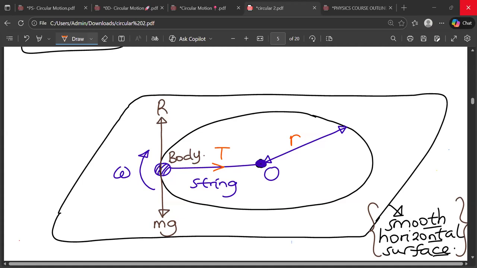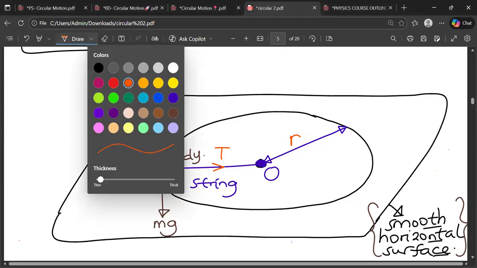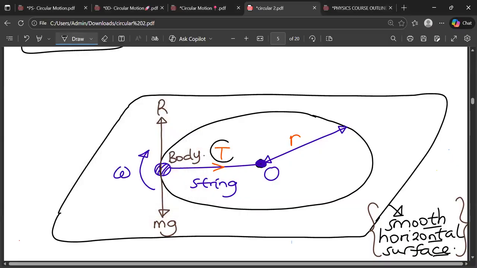We talked of electrons around the nucleus. We talked of planets around the sun. We talked of a lot of things. And this time round, we are talking of our body around our center we've chosen. So the tension in that string is what will provide the necessary centripetal force to maintain the circular motion.